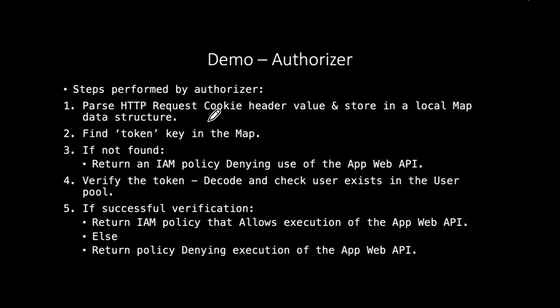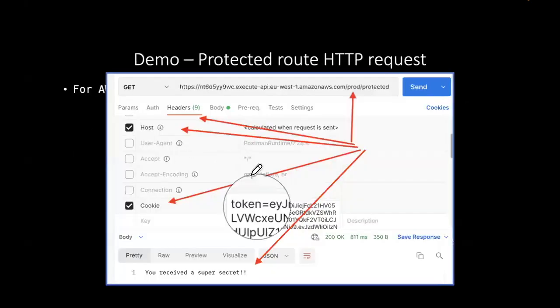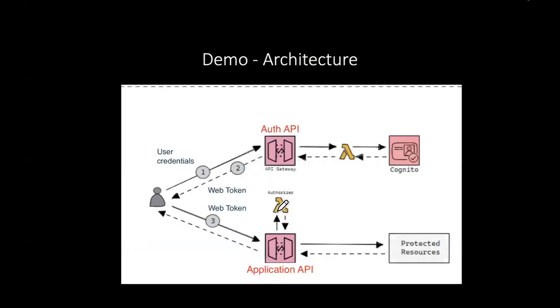but it's a generic kind of solution. So after step one has been completed, I now have a map data structure, and hopefully within that data structure, there is a key called token, and the value will be the actual JWT token that's included in the request. So find the token key in the map. If it isn't there, then, you might remember I said, if I go back to the diagram, the way this works is it needs to tell API Gateway whether to allow the request to go through or not.